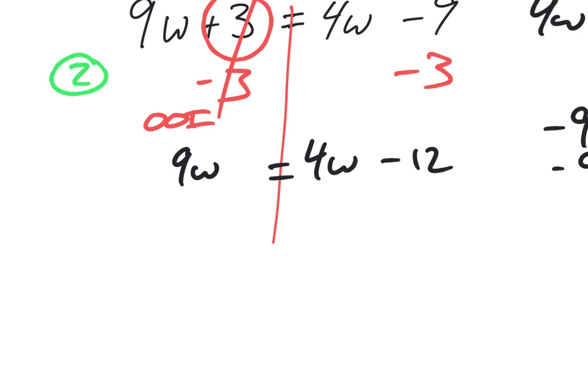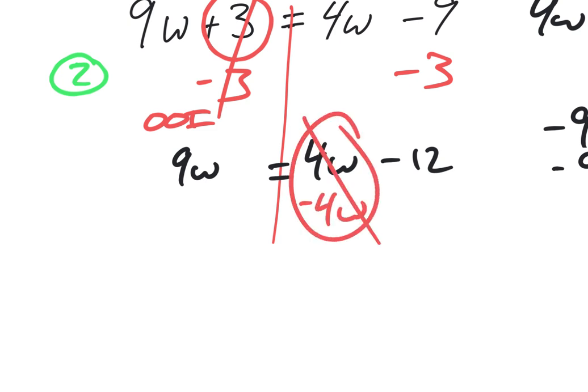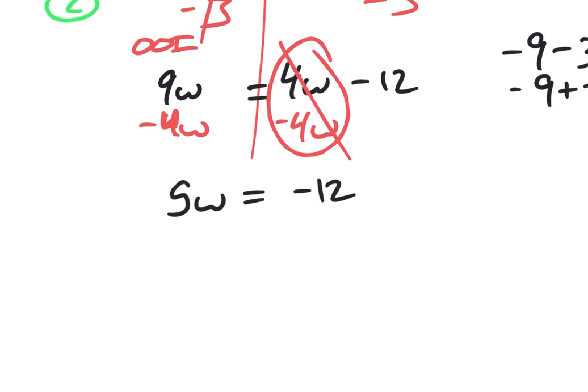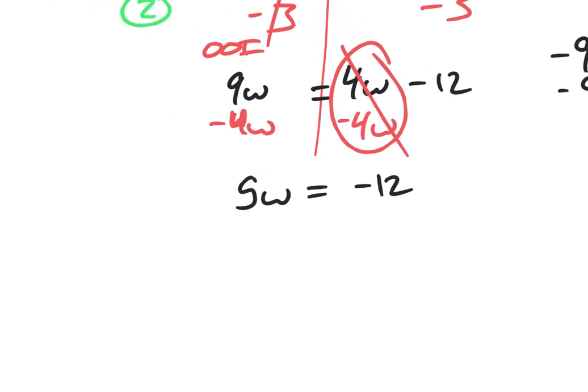So if there are 0 variables left over there, that means I'm going to be subtracting 4w, eliminating them completely, making them equal to 0. If I'm subtracting 4w from that side, I have to do the same thing to the left side. And now I'm left with 9w minus 4w, that equals 5w. 5w, after the w's are gone from the right side, is equal to negative 12. And now I have a one-step equation that I am now solving for w.